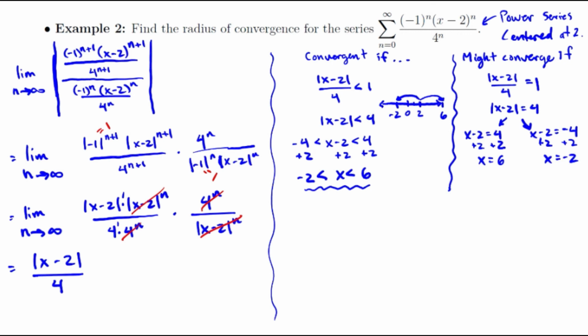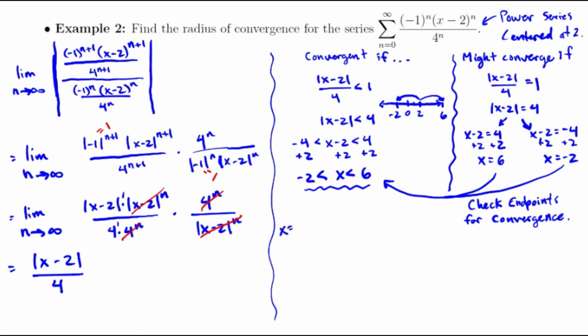So we need to check the endpoints for convergence. We don't know by the ratio test if they're convergent, but we can take them at face value and look at the series.